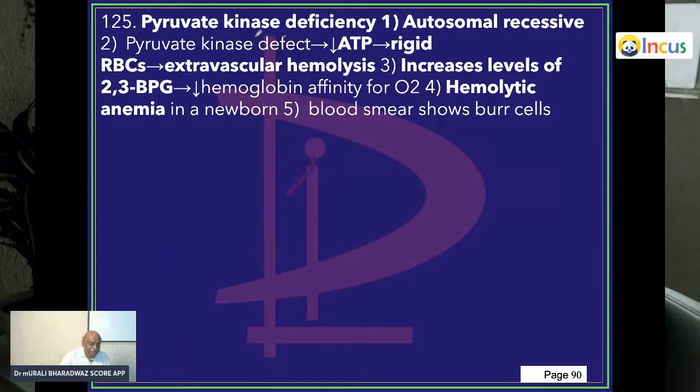Pyruvate kinase deficiency. What is pyruvate kinase deficiency? Autosomal recessive. And where is pyruvate kinase involved? Glycolysis, have you heard? Glycolysis is a cycle every medical student will know, because it is the same syllabus in 11th class also.